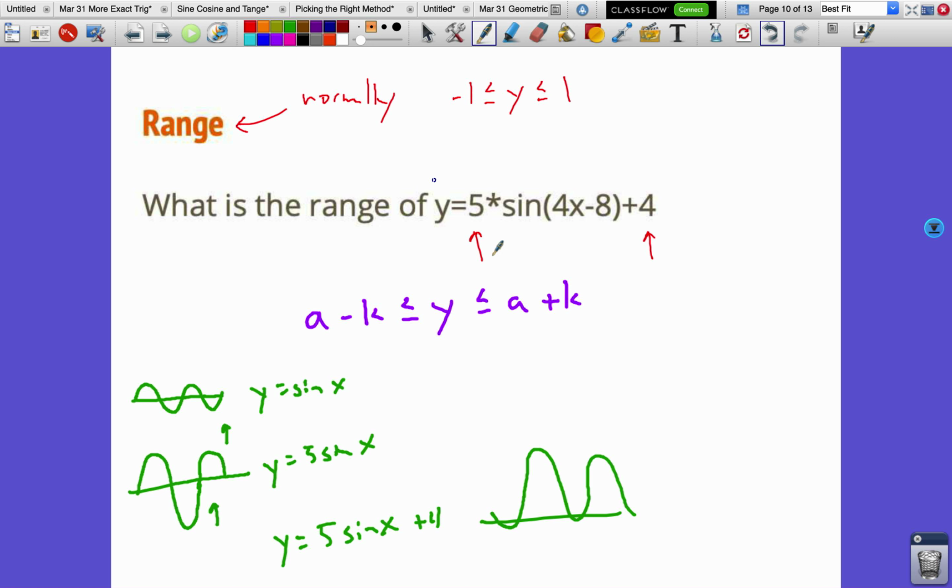So what does that make our range? Well, this got stretched down to -5 and then shifted up 4, so it's going to go from -1 is less than or equal to y is less than or equal, well, this was at 5 and then shifted up 4 more, it's 9.